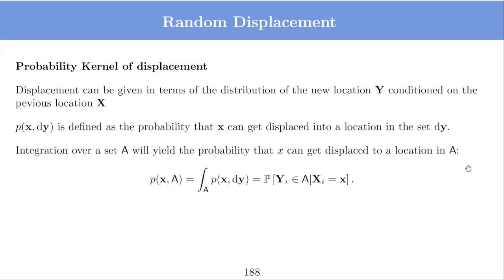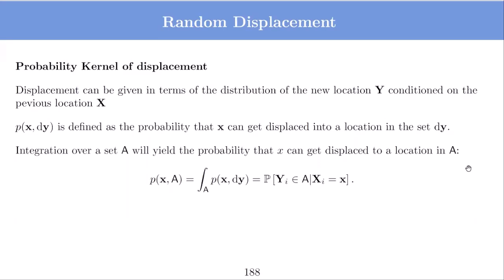I'm not talking about a particular location that x moves to y, because this can be a continuous type of distribution where some point can move to any place in an uncountable space. There you don't talk about movement of x to y, because that will have a zero probability.